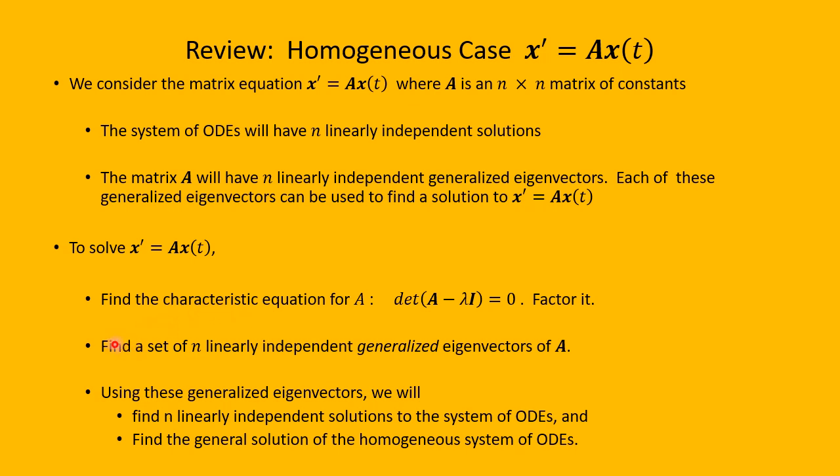We'll use that factorization to find a set of n linearly independent generalized eigenvectors of A. Using these generalized eigenvectors, we will be able to find n linearly independent solutions to the system of ordinary differential equations, and by looking at an arbitrary linear combination of those, we will find the general solution of the system of homogeneous ordinary differential equations.